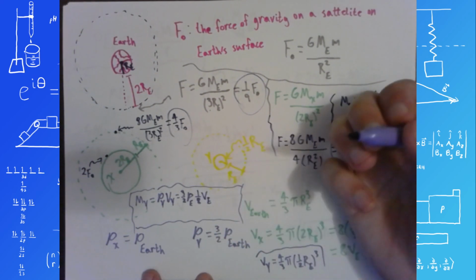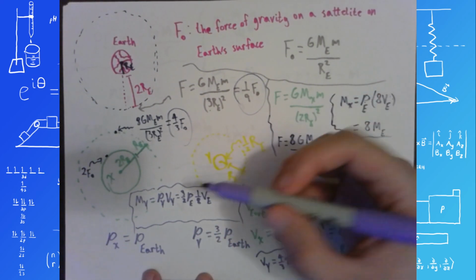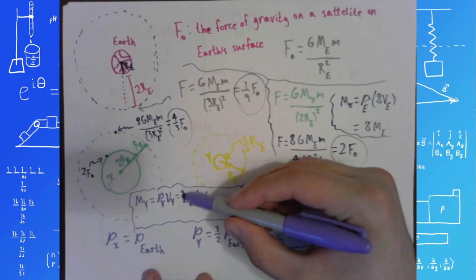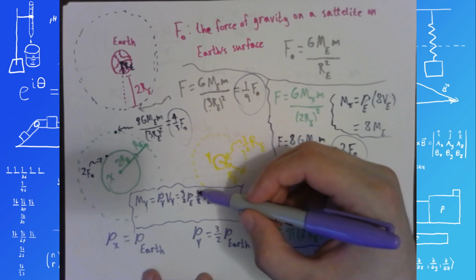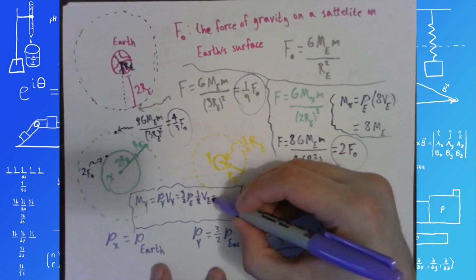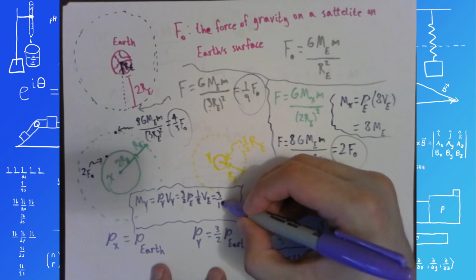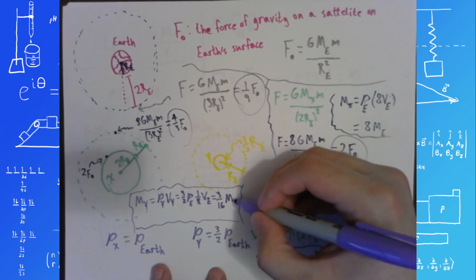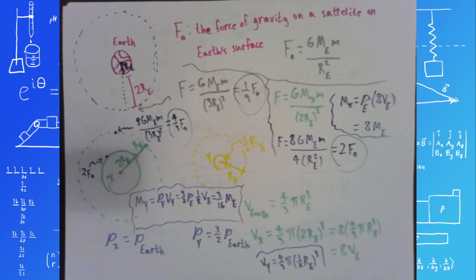Density of Earth times volume of Earth is mass of Earth. So 3/2 times 1/8 is 3/16, equals 3/16 the mass of Earth. So even having a higher density than Earth doesn't make up for the fact that it's got half the radius. It's just got so much less volume that it's lacking in terms of mass.